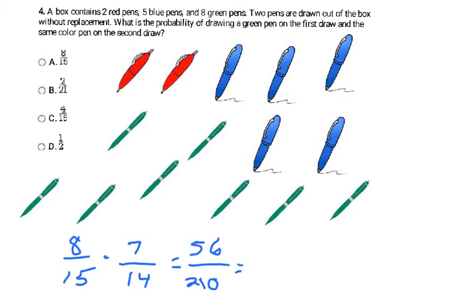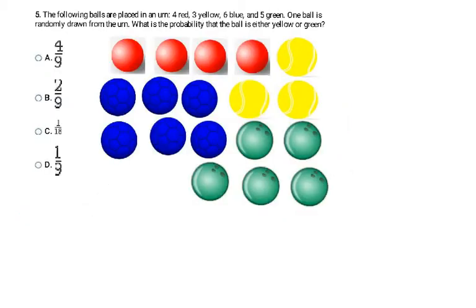And if you have a scientific calculator, certain ones will simplify that fraction for you. But if not, you can divide both of these by 14, and it simplifies to 4 over 15, which is the same as letter C. So that's my probability. I have a 4 out of 15 chance to draw 2 green pens without replacement.